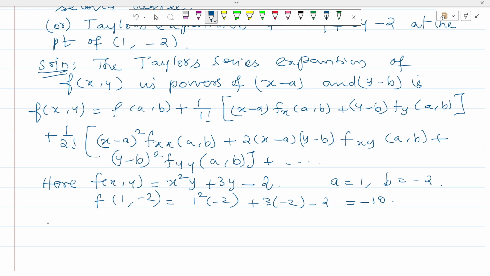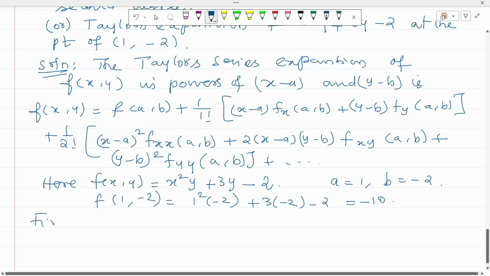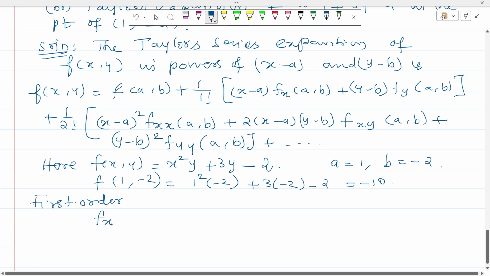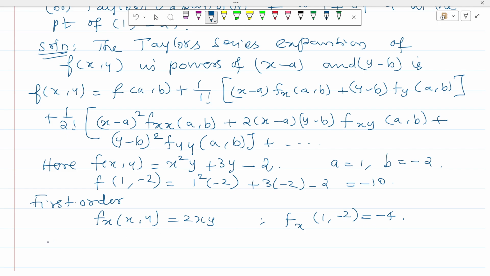Next we are going to find the first order derivatives. So what are the first order derivatives here? fx of x comma y is equal to 2xy. Then fx of 1 comma minus 2 is minus 4.